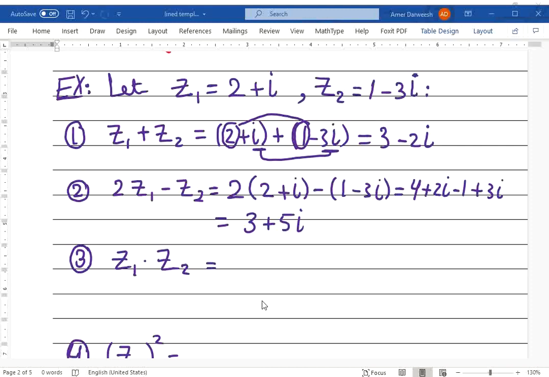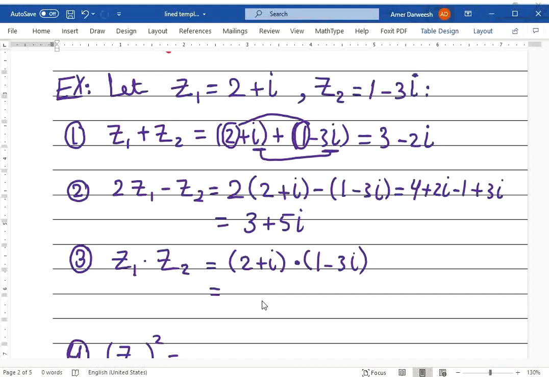الآن رايحين نروح لضرب two complex numbers z1 times z2. الآن z1 هي عبارة عن 2 plus i وz2 هي 1 minus 3i. إذا رايحين نعمل توزيع زي ما بالضبط بنوزع real numbers. إذا راح نضرب 2 بالواحد ناقص 3i.